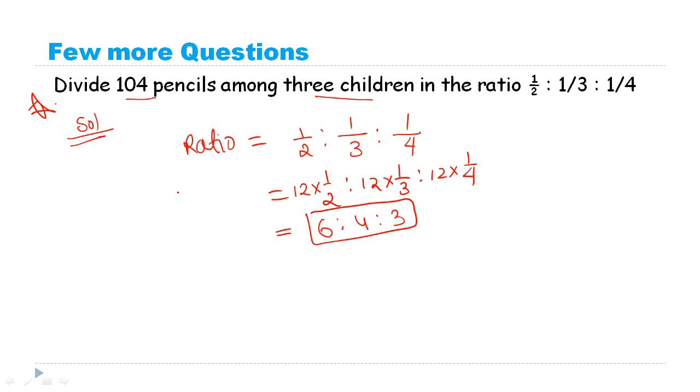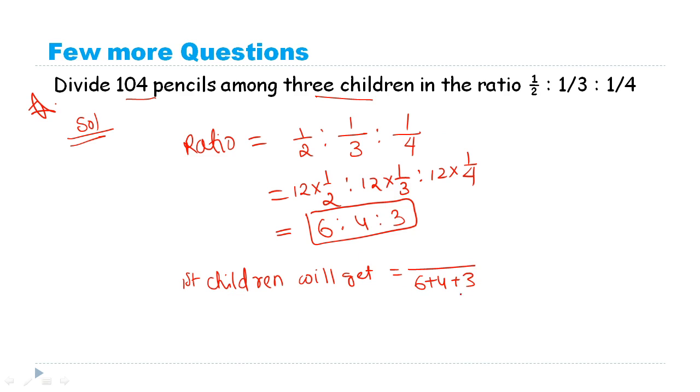Now we need to divide these 104 pencils in this ratio 6:4:3. That means we make 6 plus 4 plus 3 parts, which is the total part.